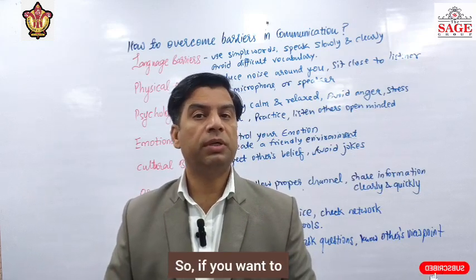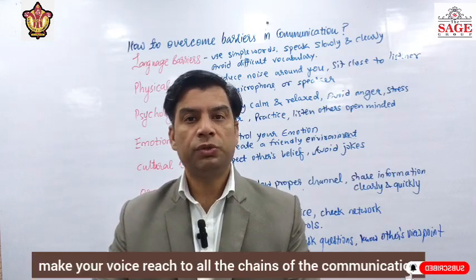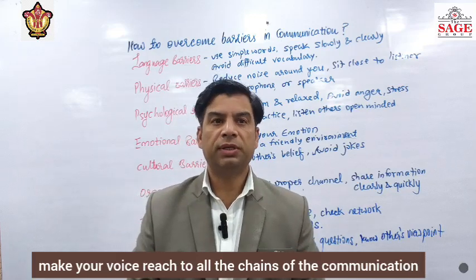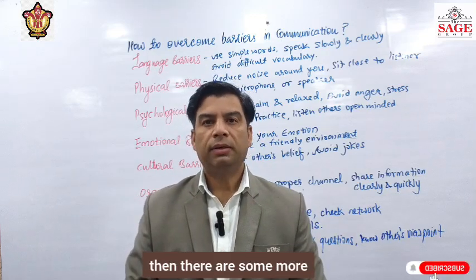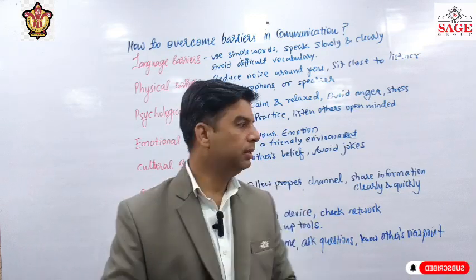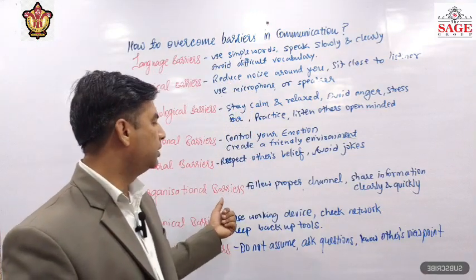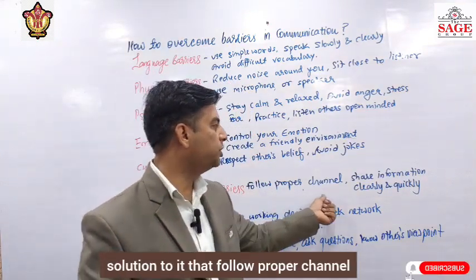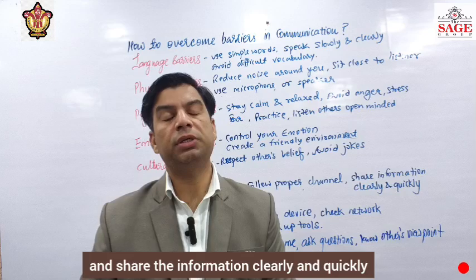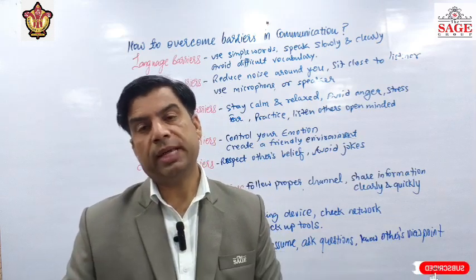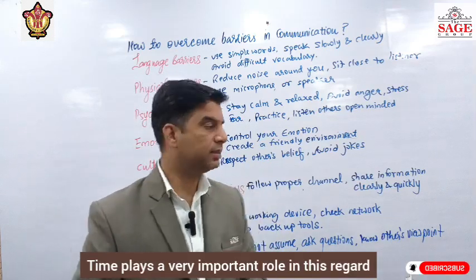So if you want to make your voice reach all the chains of the communication, then organization barrier में इसको करना जरूरी है. There are some more solutions to it: follow the proper chain and share the information clearly and quickly. Time plays a very important role in this regard.